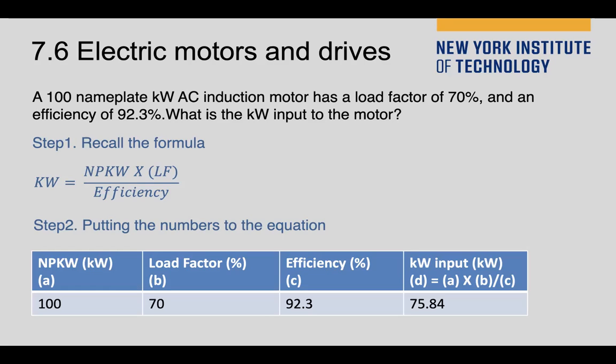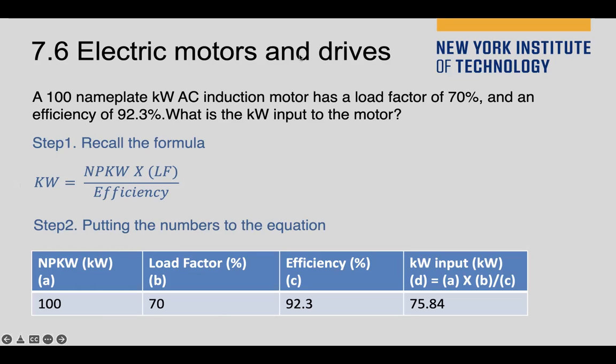What is the kilowatt input to the motor? So that is one equation. Immediately you need to recall it is the equation related to the nameplate kilowatt, the power, the load factor and the efficiency. Then you can obtain the power input.